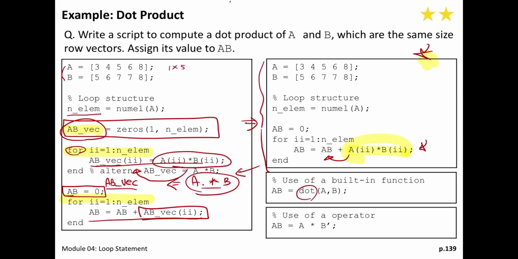To find the dot product of a and b, you can use dot(a, b), and then you can find this value. Again, the most basic operations are already built-in functions in MATLAB. The more built-in functions you know, the more you can shorten your code and reduce mistakes in realizing those operations.